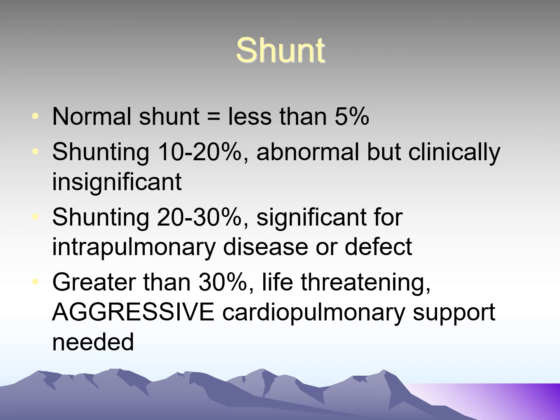Like I said, greater than 30, you're looking at life-threatening, aggressive cardiopulmonary support. Does the patient need blood? Do they need improved blood pressure? Is there some type of diffusion defect going on? Fibrosis? So a normal shunt would be considered less than 5, though it does say 10 to 20 abnormal, but clinically insignificant. Interesting.